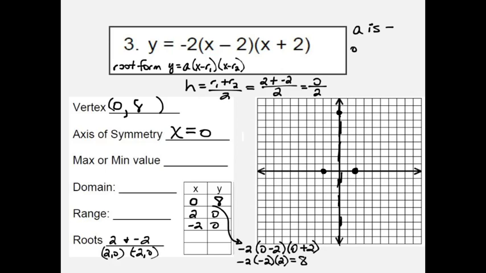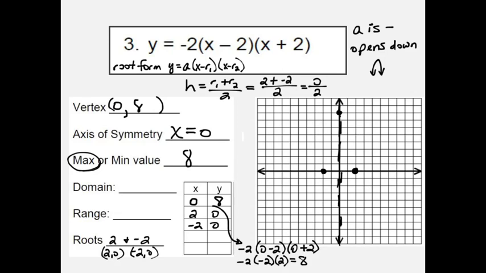So that means it opens downward, or down. So my quadratic sketch just looks like this, which means it's got a maximum value. So I'm going to circle max, and the y value of the vertex is 8. So that should be the highest point on this graph.